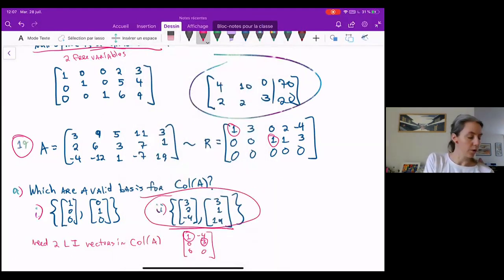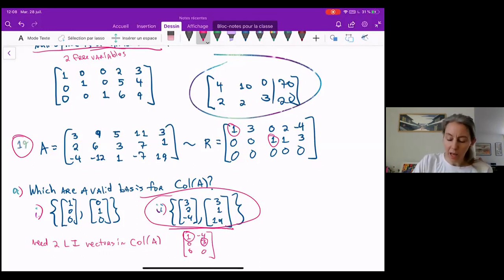Now what about 1? Are those vectors in my column space? Hang on, I'm rereading the question. Oh yeah, okay.